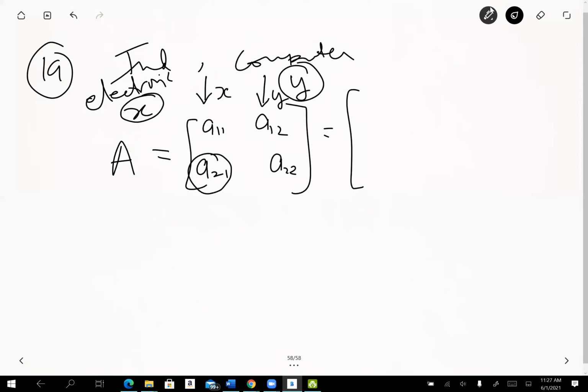A21 is 0.2. We go by the vertical, by the column.